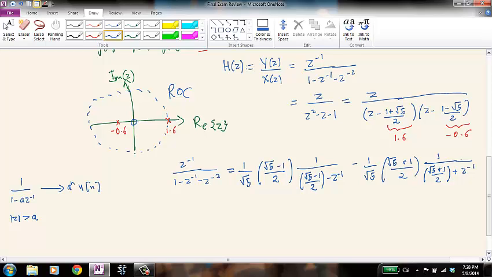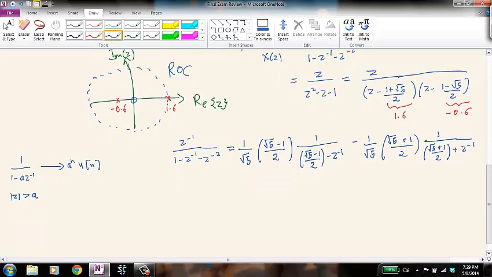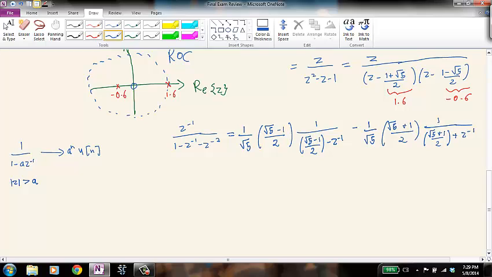So does everyone know how to do partial fraction expansions? You should definitely practice it. It'll be useful for your final exam. I don't know if you'll use it after that, but for the final exam, definitely practice partial fractions.